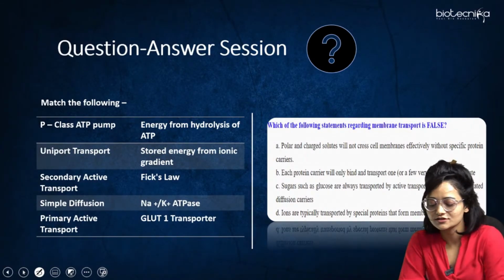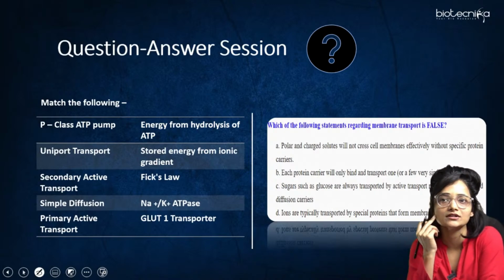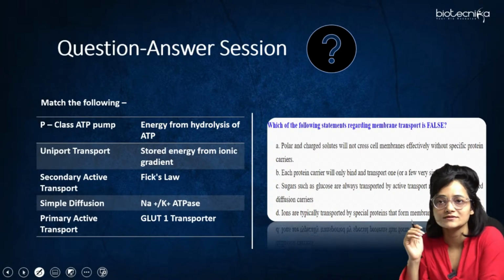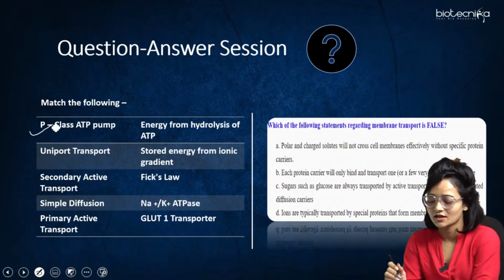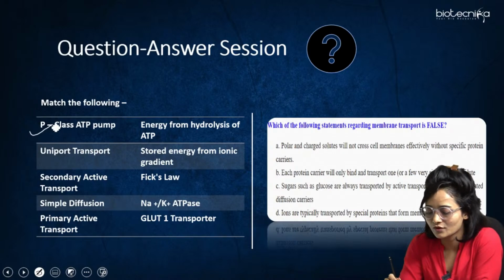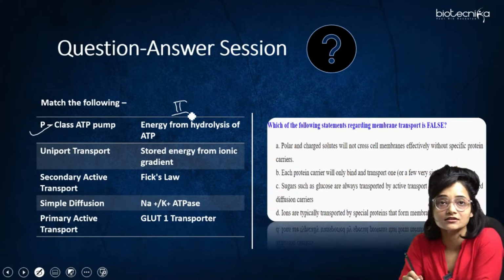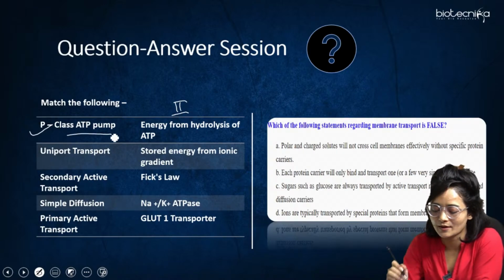So let us begin. Match the following. Let us see how both the columns match. P class ATP pump first. Which one in the second column? Yes, the ATP pump would be the example.